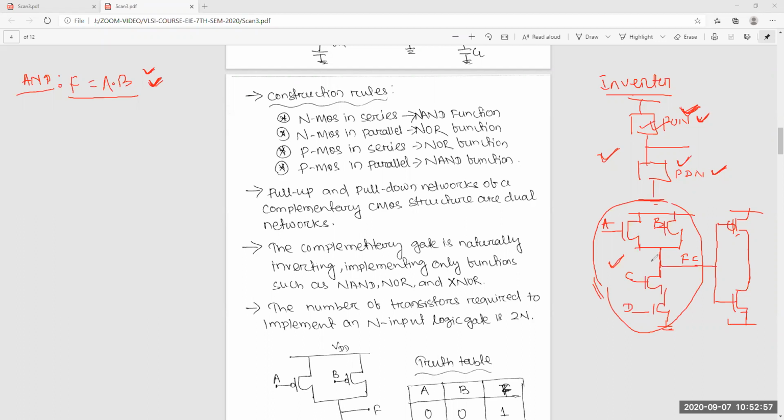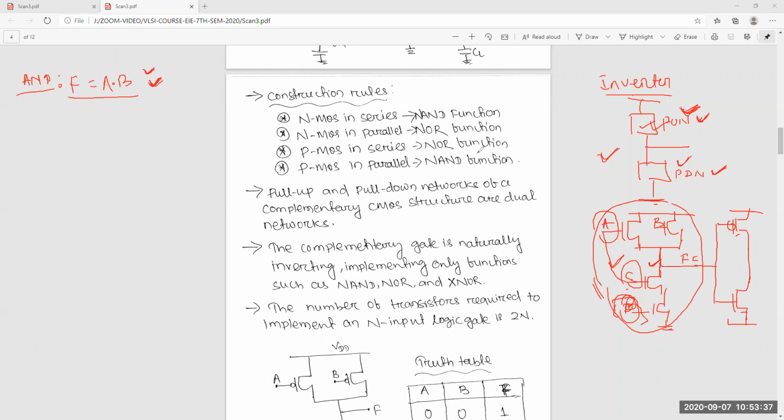But here you are saying it's an AND gate, so why is it AB and why is it CD? The first PMOS and the first NMOS are A, and the second PMOS and the second NMOS are B. Okay. Anyway, it's correct, but too much confusion.